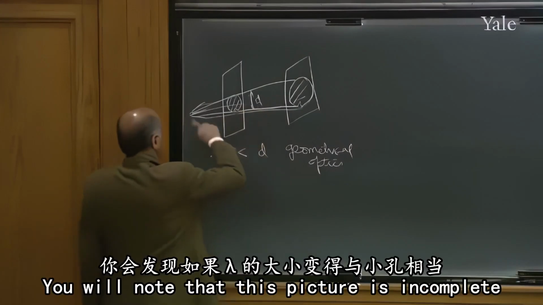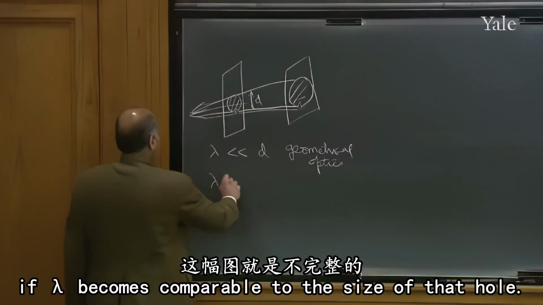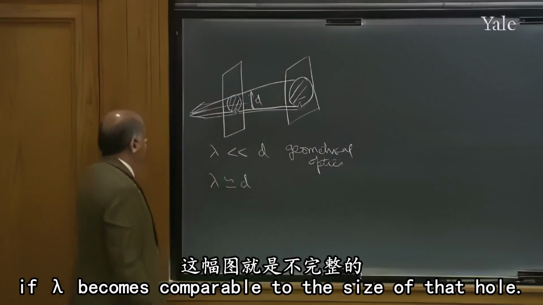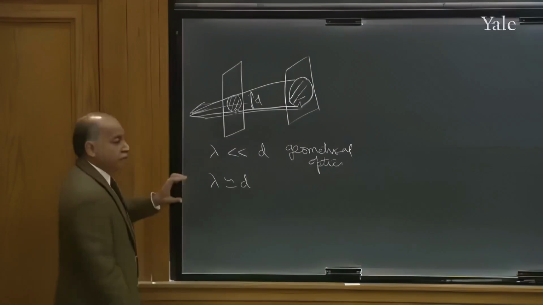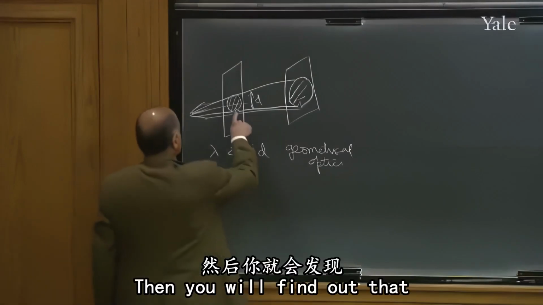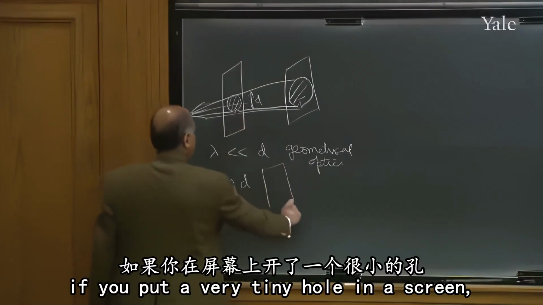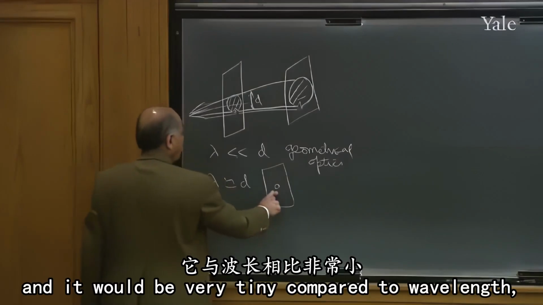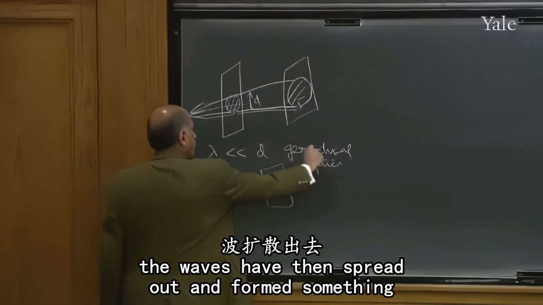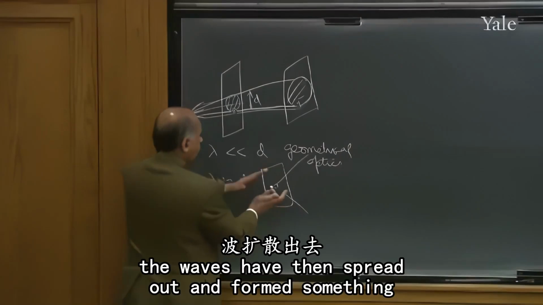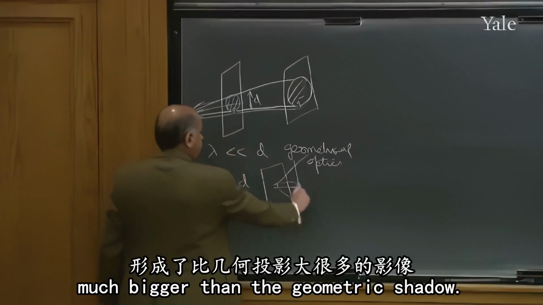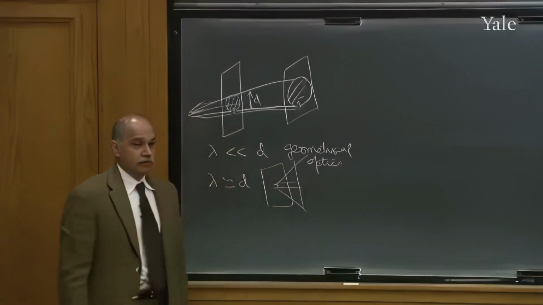You will know that this picture is incomplete if lambda becomes comparable to the size of that hole. Then you will find out that if you put a very tiny hole in a screen, very, very tiny compared to wavelength, the waves will then spread out and form something much bigger than the geometric shadow.